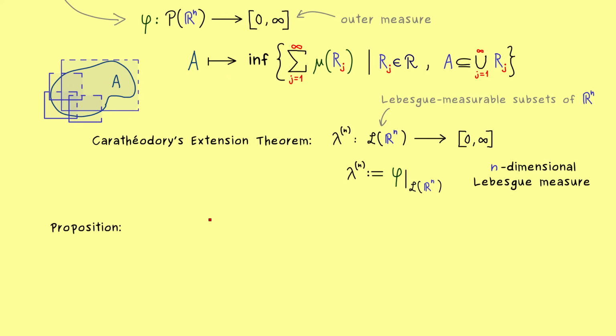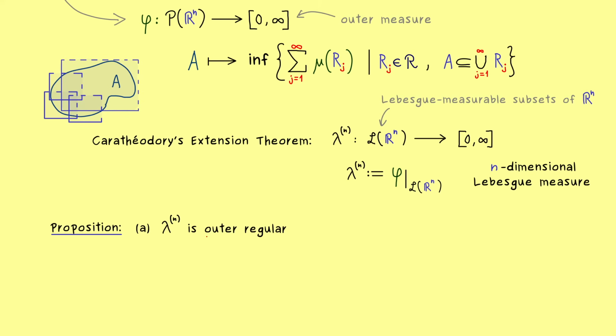Indeed, we can do a similar approximation of the volume, but not with rectangles, but with general open or compact sets. So this is something that definitely works in R^n, because we have all the notions like compact and open sets. So let's split this result into two parts, where the first part should concern the open sets.